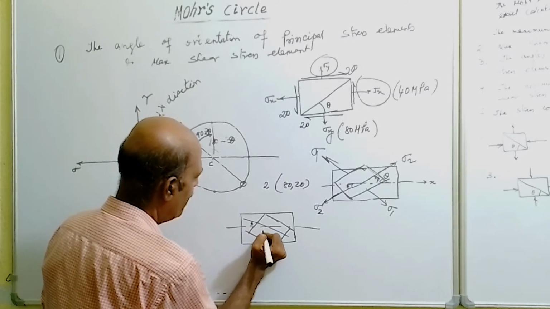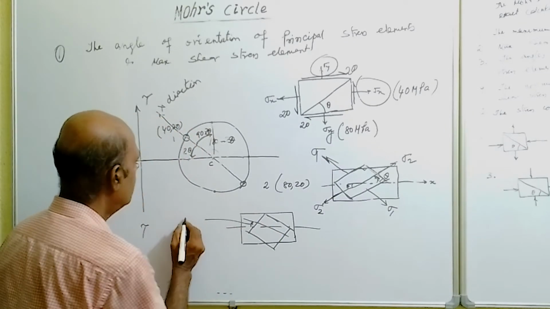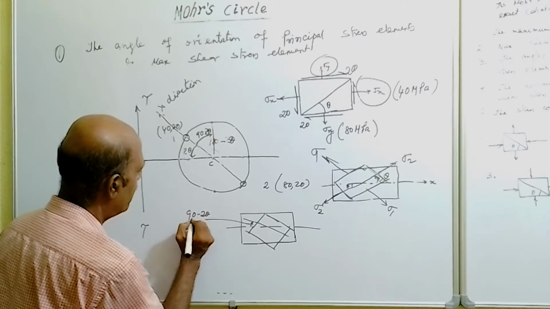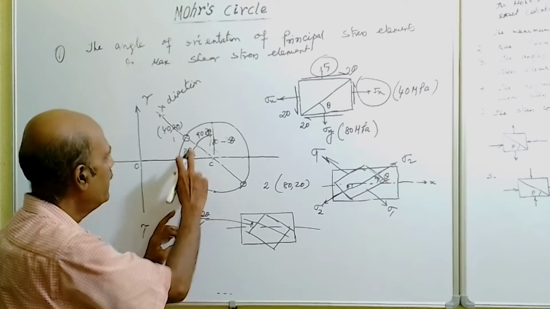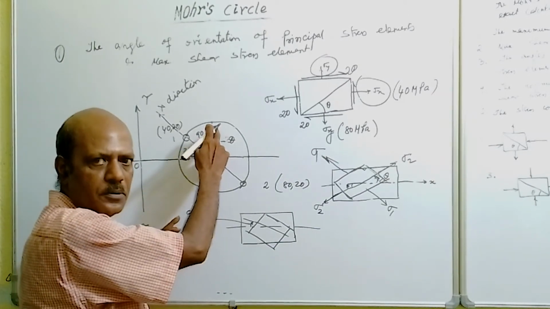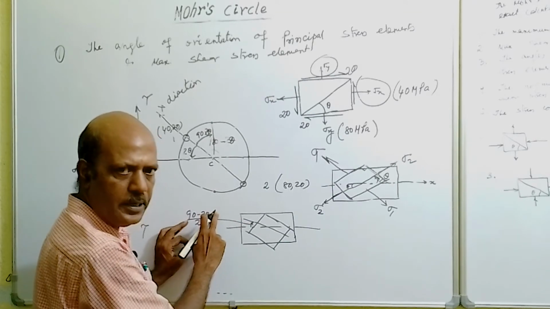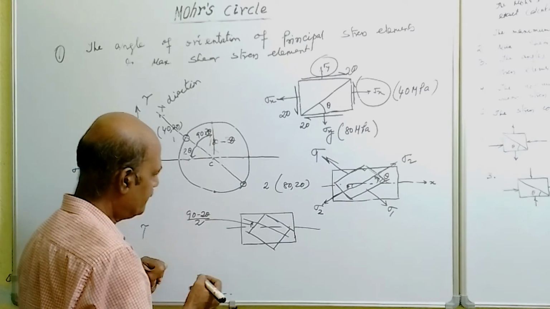So how much angle do we rotate? It is 90 minus 2 theta divided by 2. In the circle it is 90 minus 2 theta angle, and in the actual body we have to rotate by 90 minus 2 theta by 2, whatever value comes.